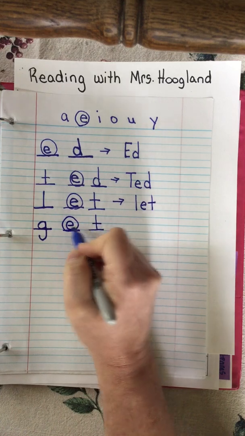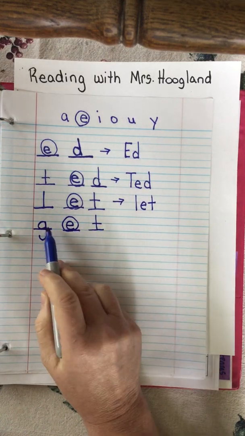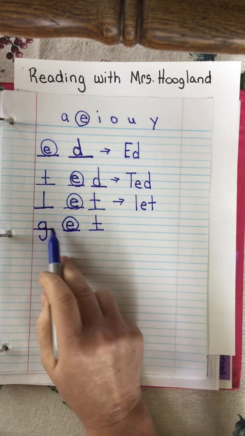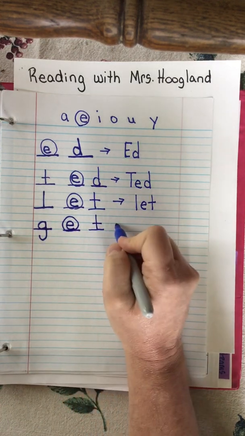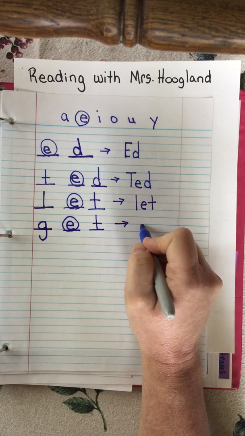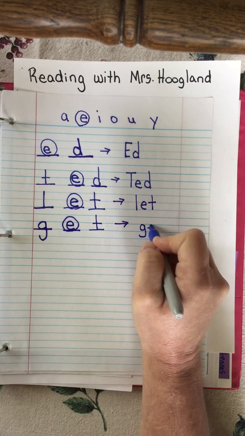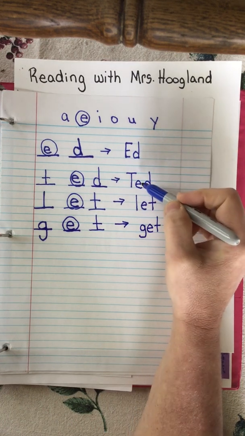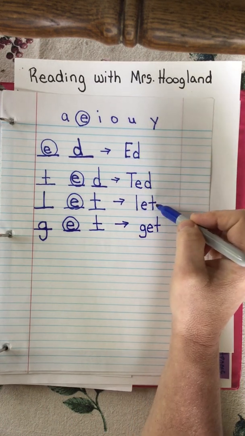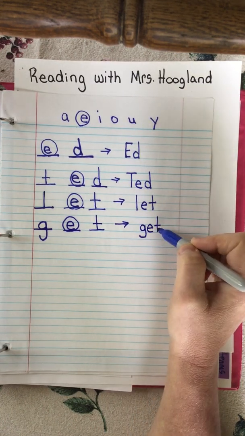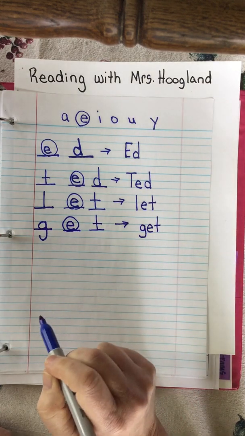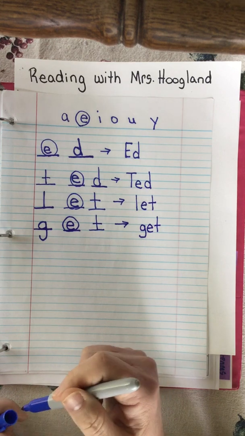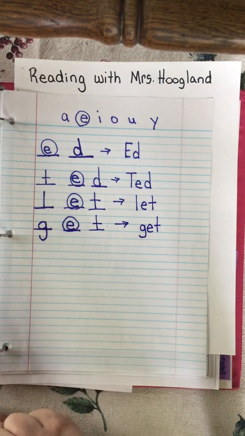Remember, it's not a word yet. It's just three sounds. G, eh, ge, g, et, get. If we look at these words, we have Ed, Ted, let, get.